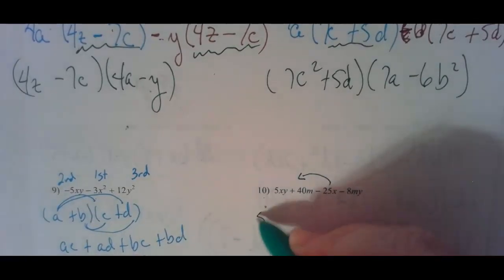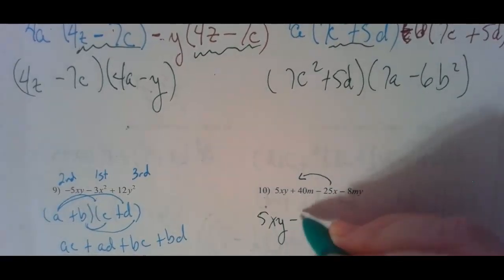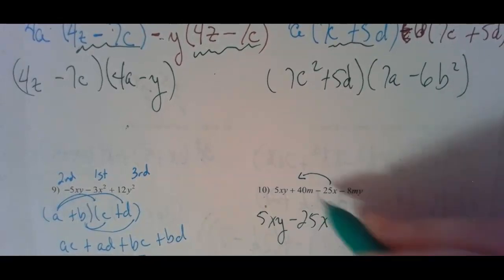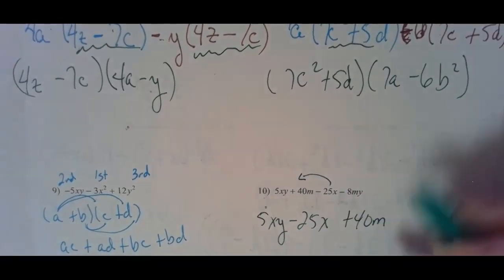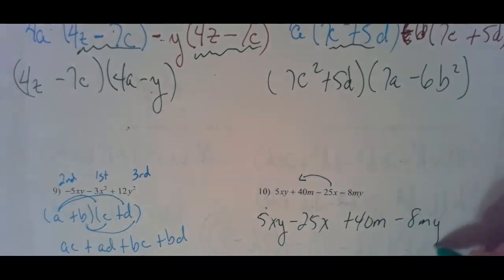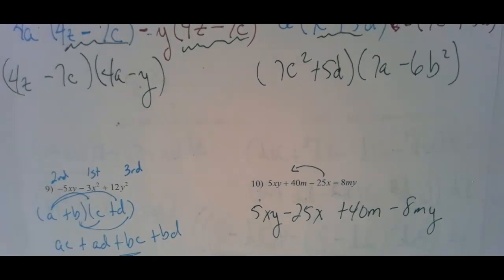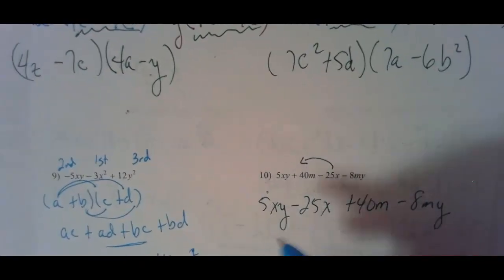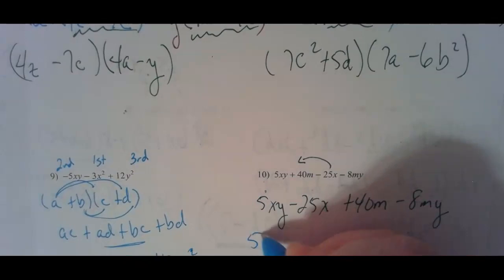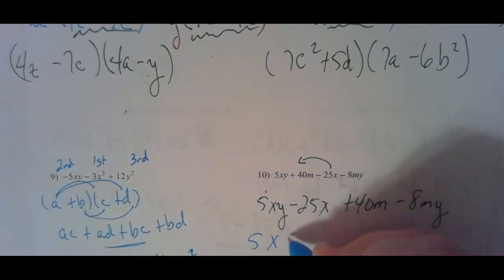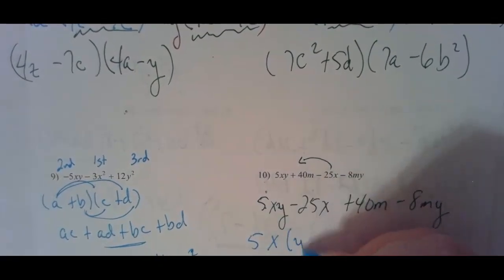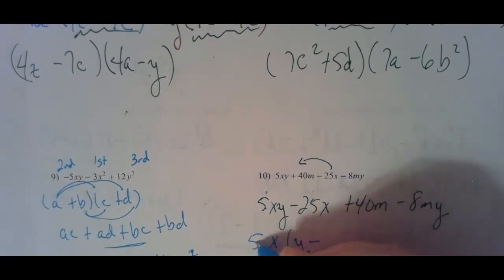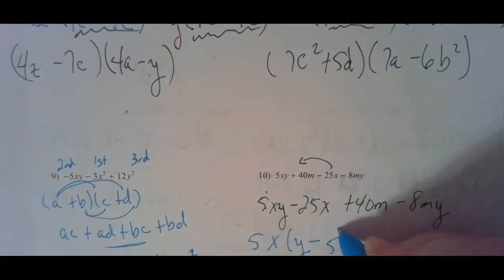So 5xy minus 25x plus 40m minus 8my. Okay, so now from these two, I can factor out a 5x, leaves me with a y, leaves me with negative 5.